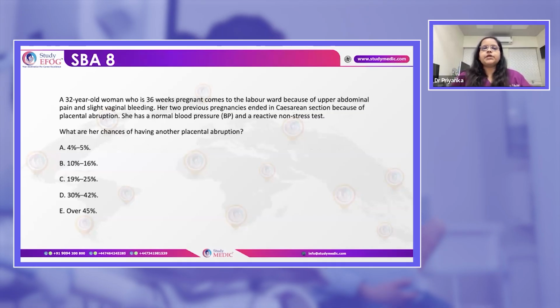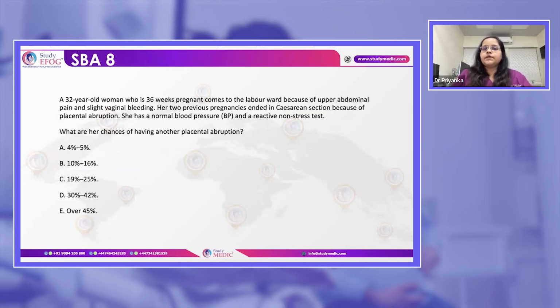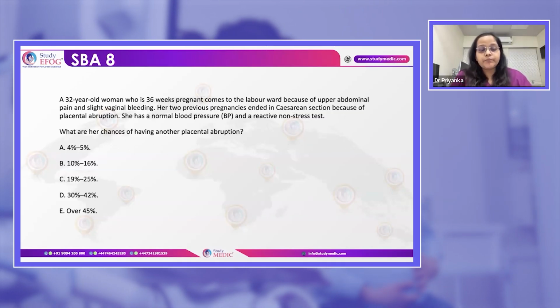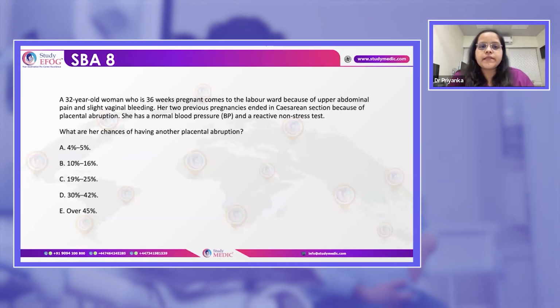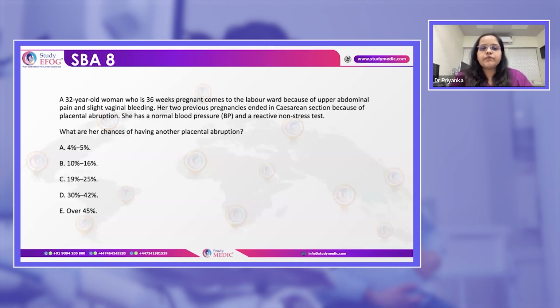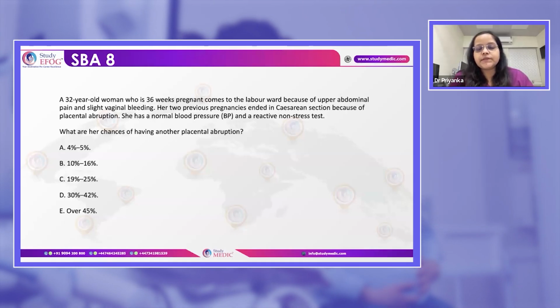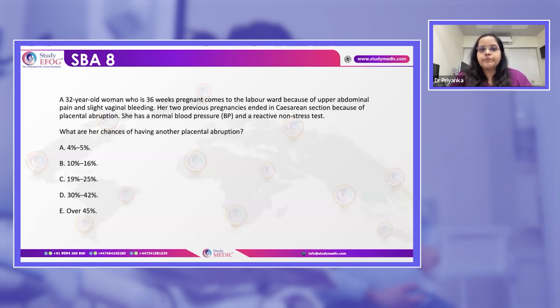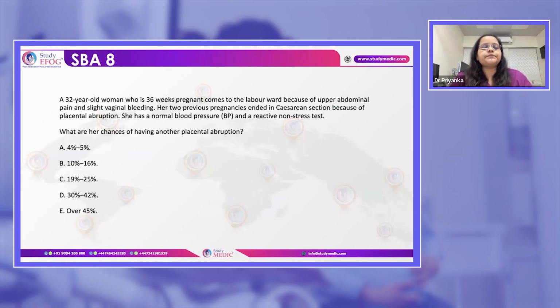So the clinical picture is a 32-year-old at 36 weeks with abdominal pain accompanied by APH, that is bleeding. Bleeding associated with pain is more suggestive of placental abruption, and the patient gives a history of two previous pregnancies affected by placental abruption. In placenta previa, the bleeding is mostly painless.